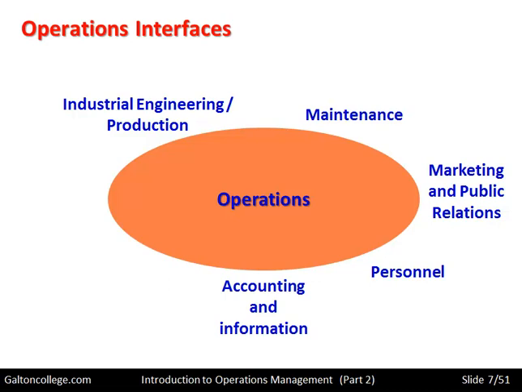And clearly also there's a link with accounting and information. The operations management team may be given a budget by senior management and told to produce within that budget, to make sure that the machines are looked after, and if there's any small investments or consumables required, they would come out of that budget. So there is an accounting element to it, and also information.